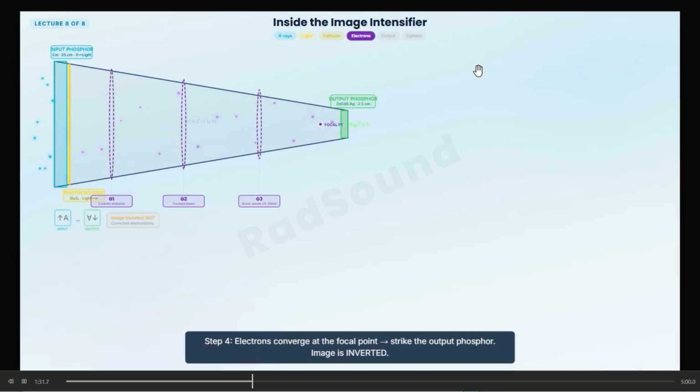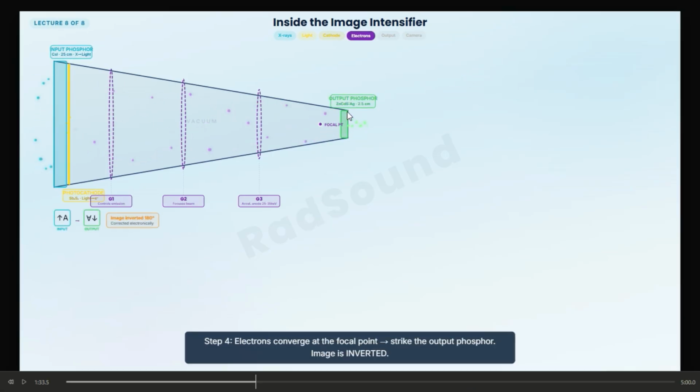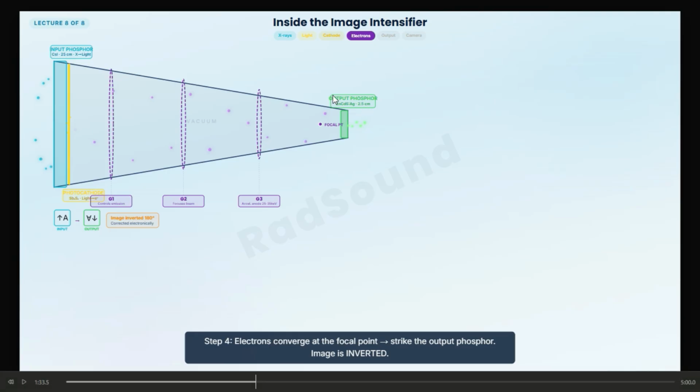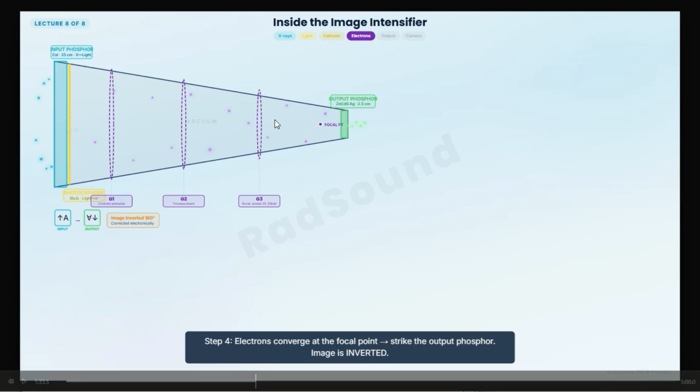The output phosphor is made from zinc cadmium sulfide, sometimes doped with silver. Its diameter is 2.5 centimeters, almost 10 times smaller than the input phosphor.